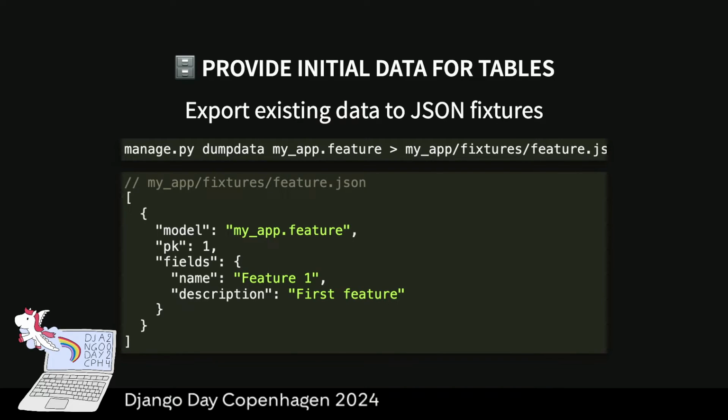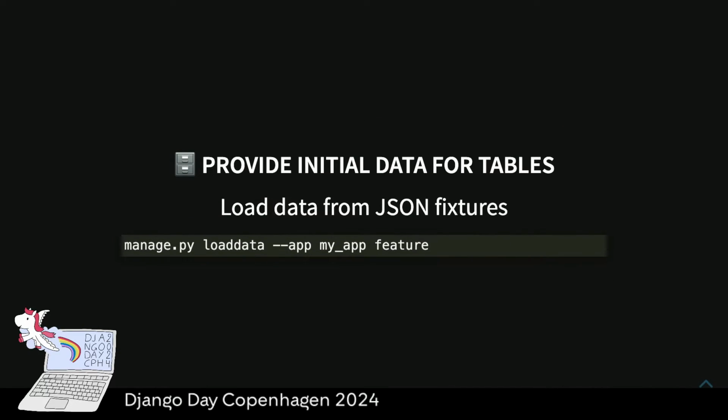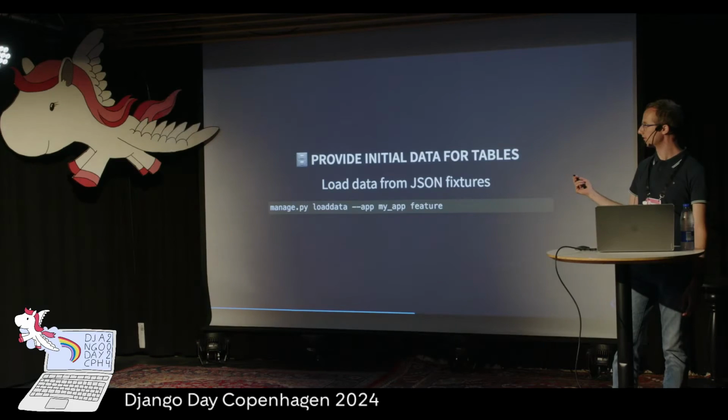Fixture files are like JSON files that you can dump directly from your database using dumpdata, the application and the table name, into a JSON file, and it will contain code like that, including a primary key for each record. Then, if you want to load data from those JSON files, you can use loaddata, application name, and the fixture name.